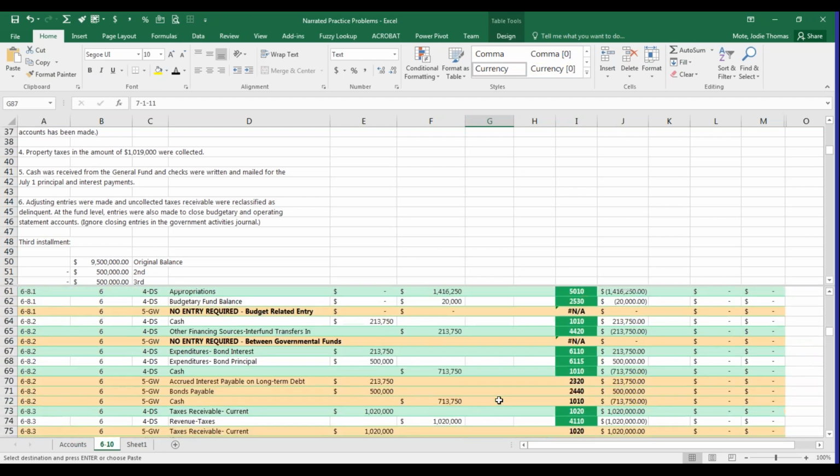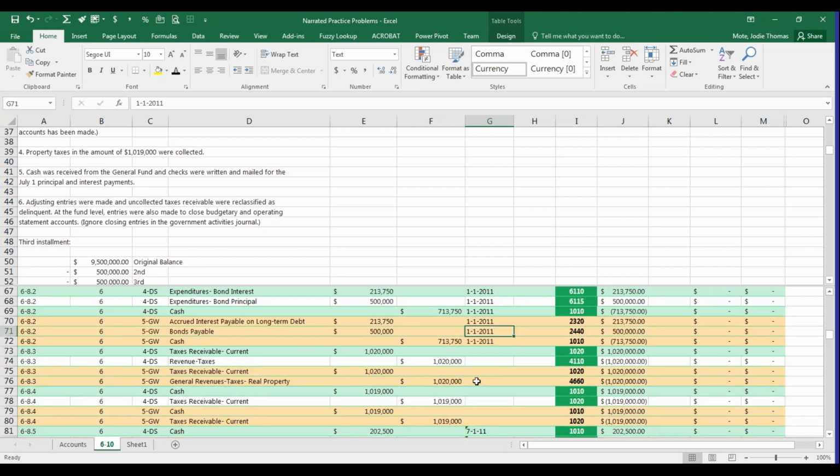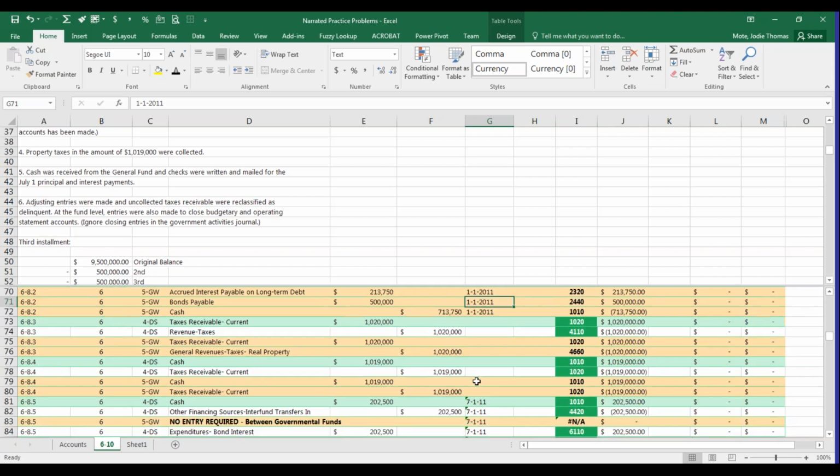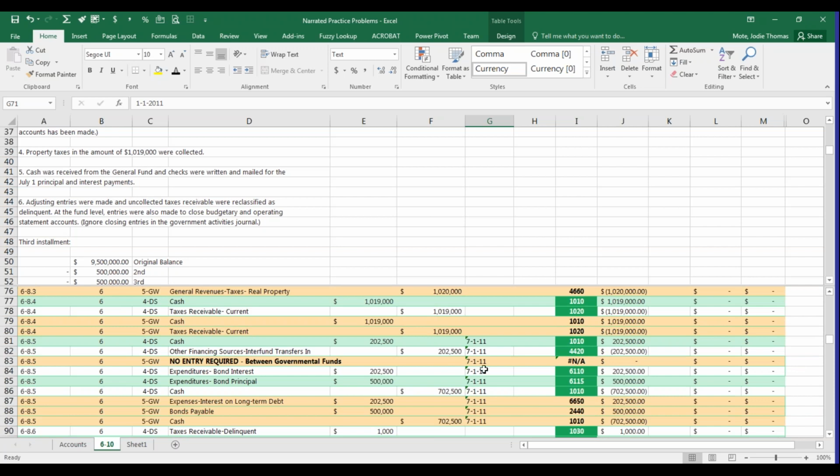And these up top were 1/1. Okay. Sorry. All right, and these others just kind of happened. These in the middle of the taxes receivable, the problem doesn't specify a specific date because they occurred during the year. Okay. But number 5, all right.